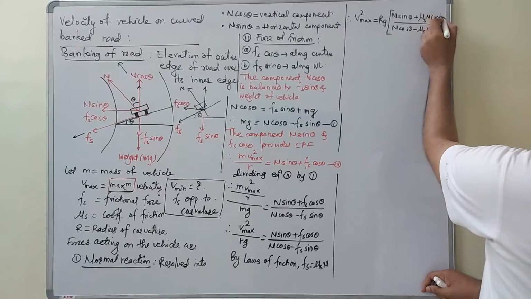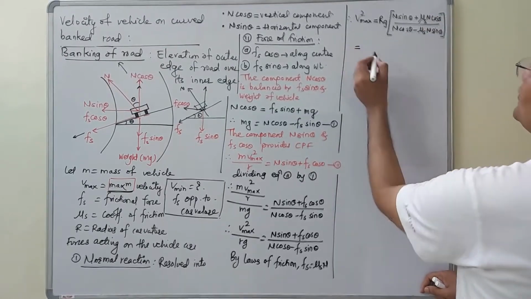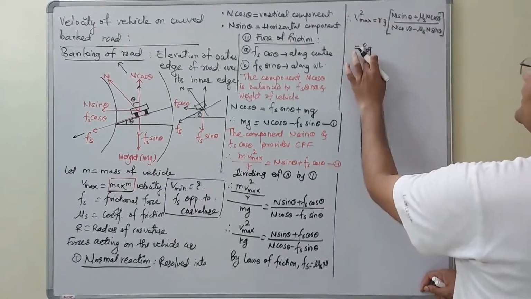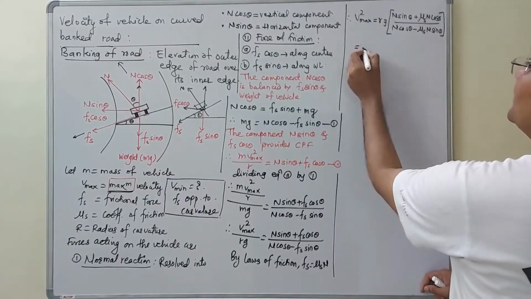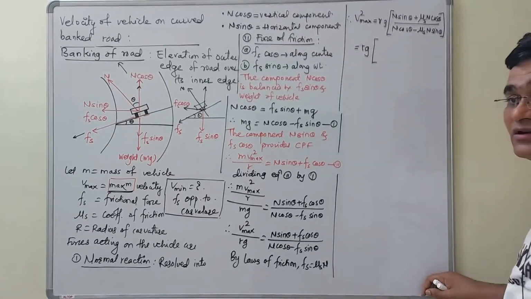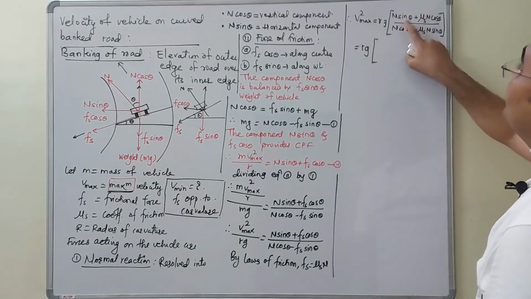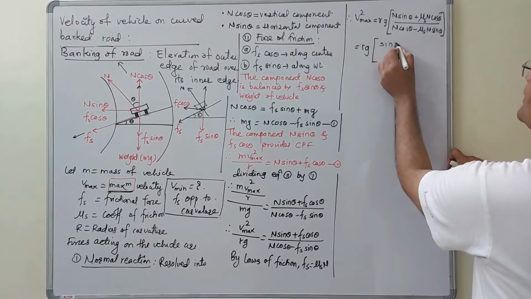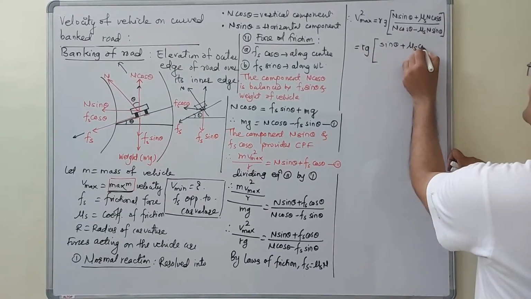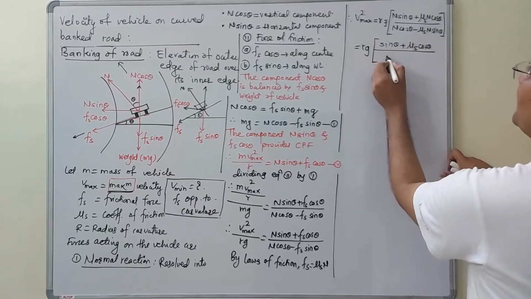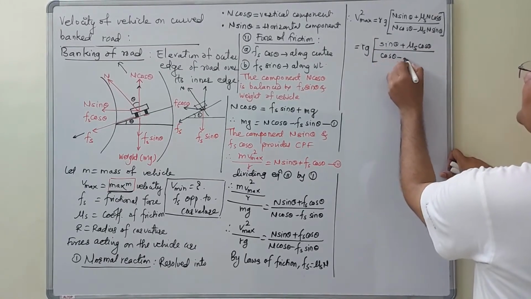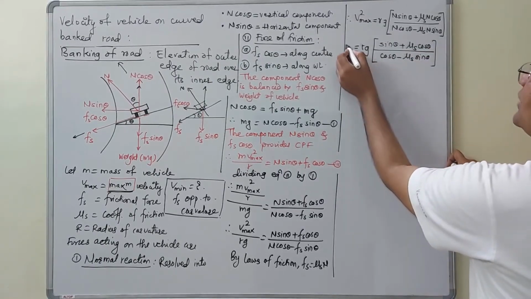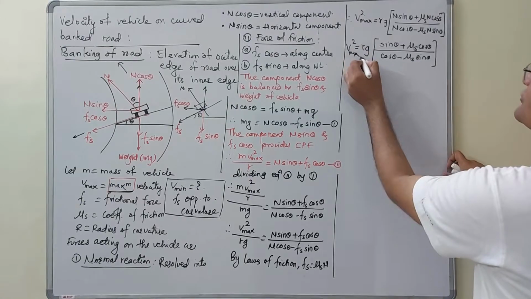So rg into, N will cancel in numerator and denominator, so what remains is sin theta plus mu s cos theta divided by cos theta minus mu s sin theta. This is the value of v square max.